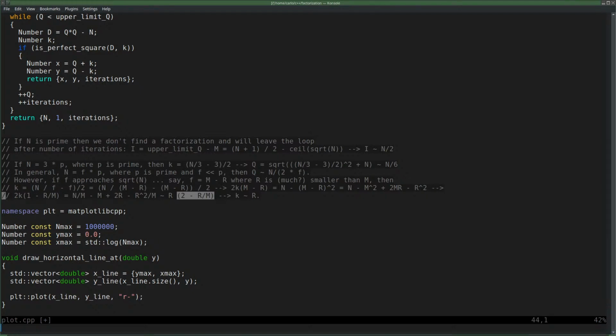And then we have to calculate Q. So from that follows that Q is still the square root of k squared. Okay, this is k squared, so we get k squared plus n.